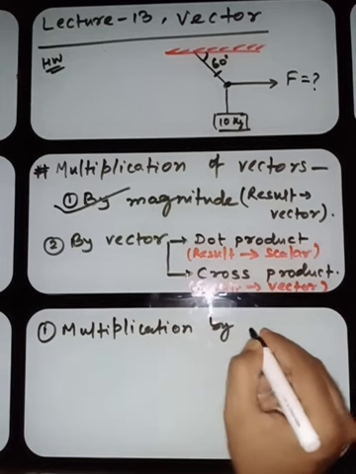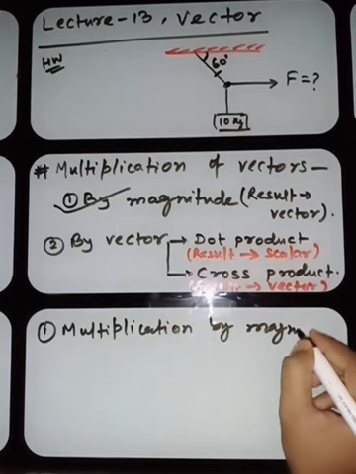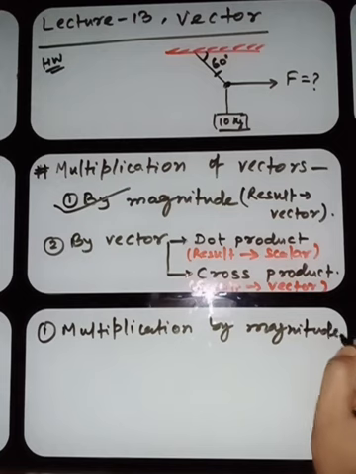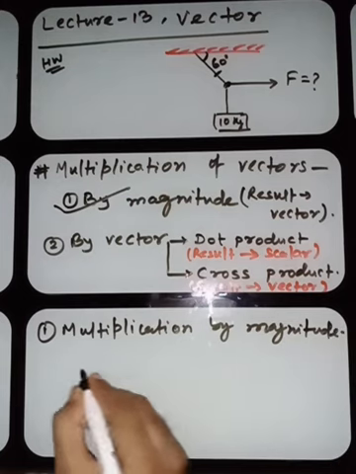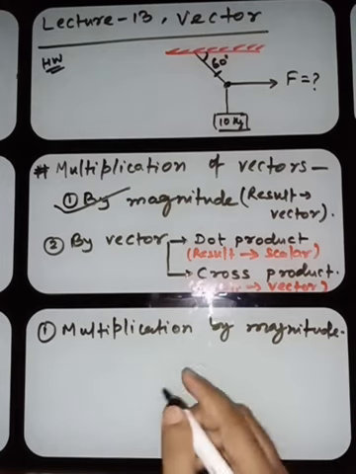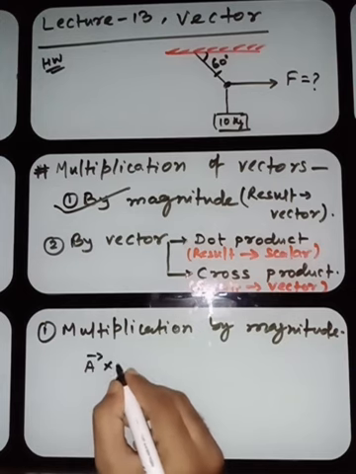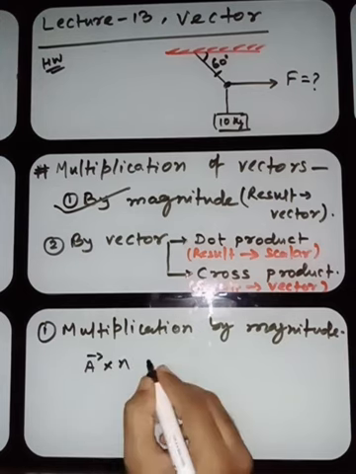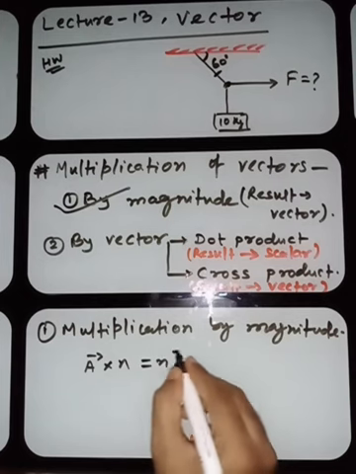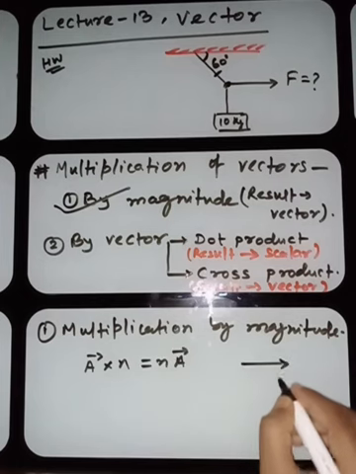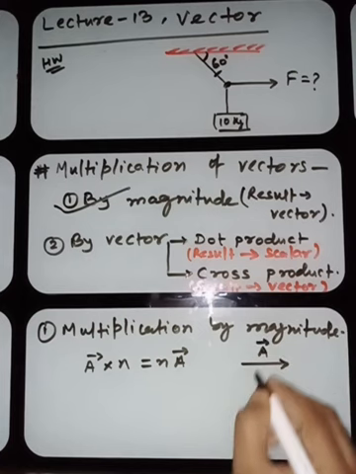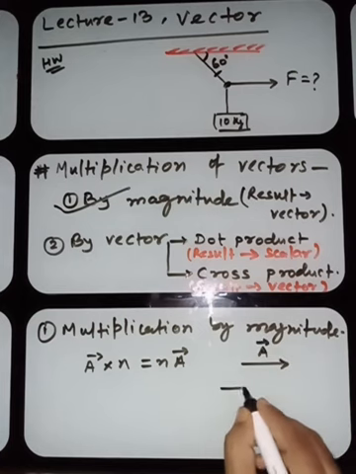Multiplication by magnitude. Yes students, if you multiply any vector, suppose this is the vector a, with the number n, what will you get? n a. Very simple. If you have this vector a, then n a will be a little longer.